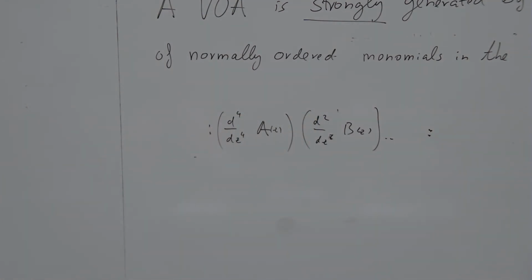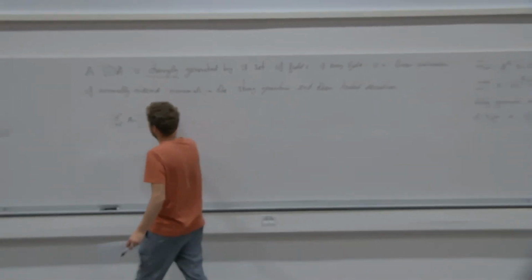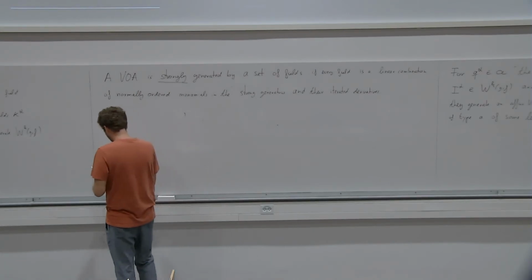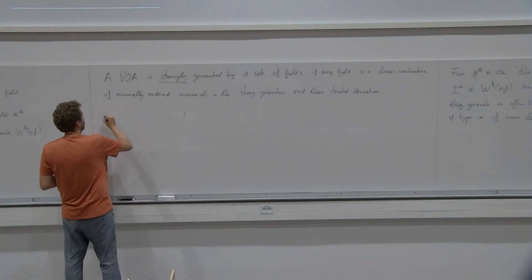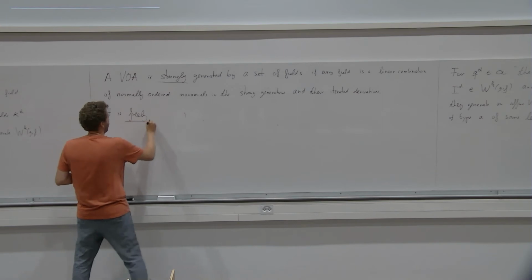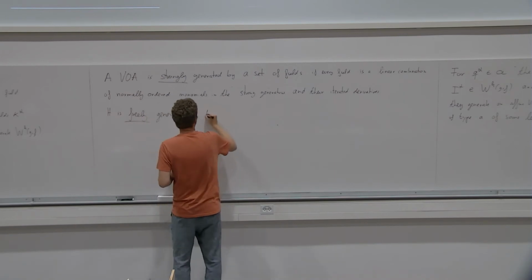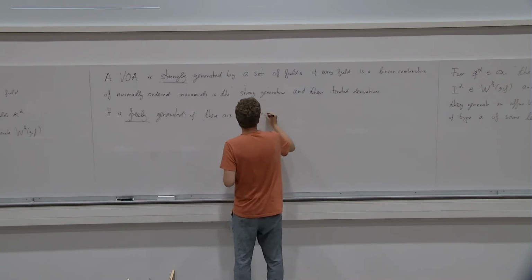Okay. And you said that this is equivalent to just as a vector space being generated by negative modes of these guys. Yeah, exactly. And freely generated then means that these negative modes, these monomials form a basis. So there are no normally ordered relations.